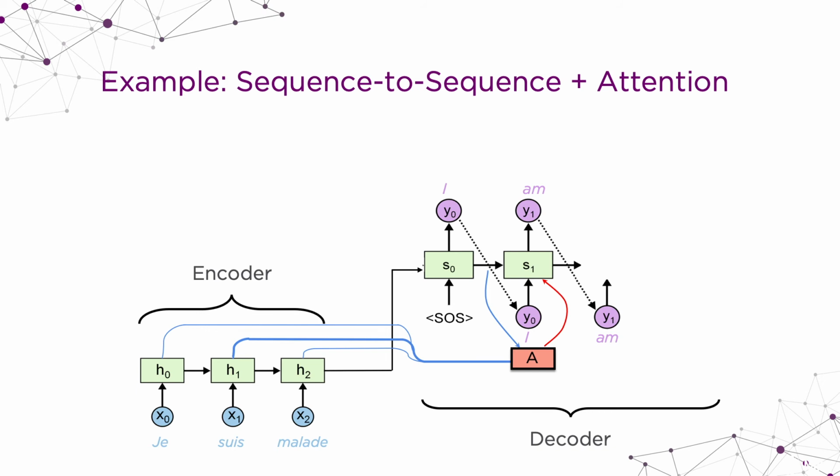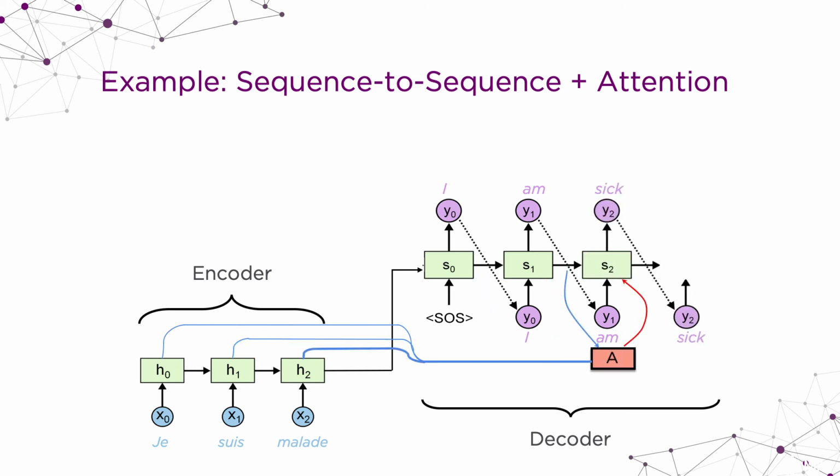And this information goes into the decoder, so the decoder can create this internal state S1, and then we can produce the output M. And you can see that M becomes the next input, because again we are in an autoregressive case. And again, here, before updating the internal state S2, we will run the attention again. So you see how attention is run at every time step. And this gives the decoder a lot of flexibility, because now at every time step, it can go back and extract the relevant information. And it definitely improves the flow of information in this model.